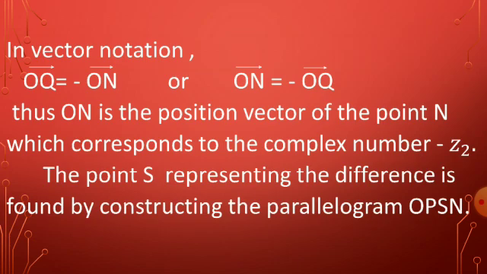Thus ON is the position vector of the point N, which corresponds to the complex number minus Z2.